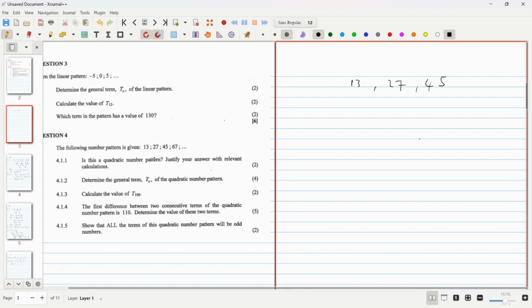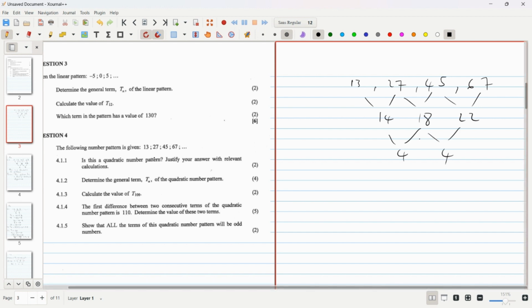So as long as you are dealing with quadratic patterns, you know that you have to use this step. So first thing, as we did here, you find the first difference, which is 14, 18, and 22. And then the second difference, which is 4 and also 4.